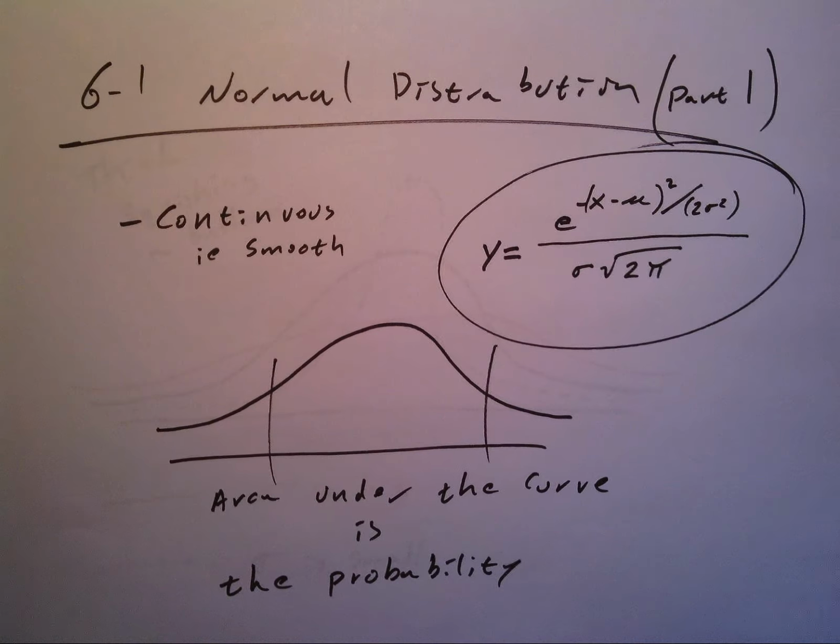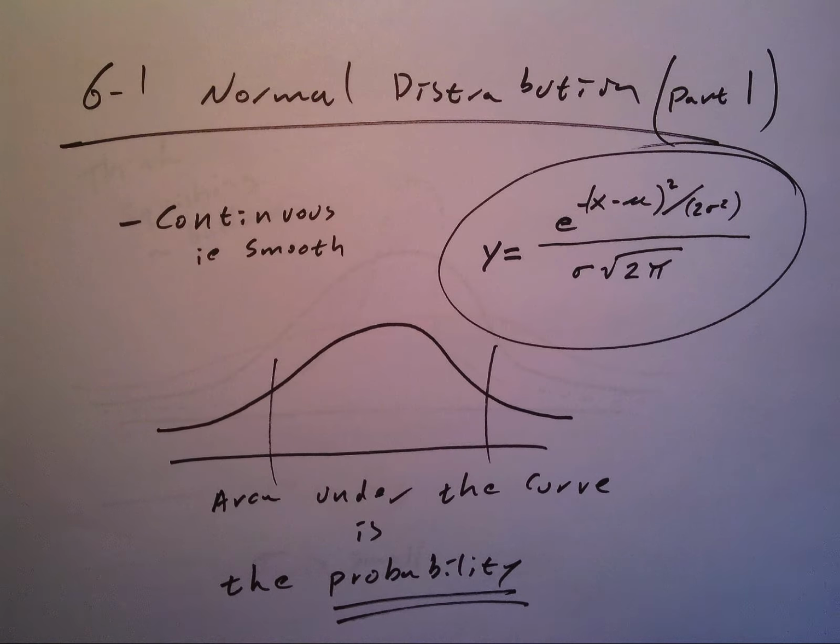Now, things we need to get out of this, and I have a list of things here, when we're talking about probabilities, we're also going to be referring to the area under the curve. Okay? So remember when we were doing the other distributions and we had these wonderful boxes and it was a graph of the relative frequencies, which was the percentages?